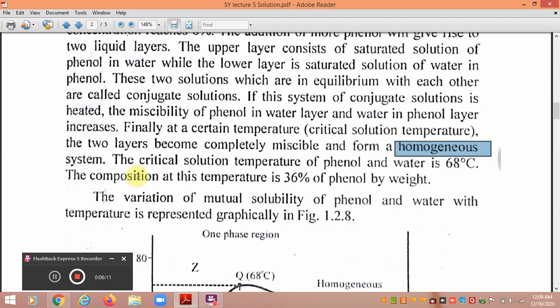This temperature is called the critical solution temperature, particularly the upper critical solution temperature. For the phenol-water system it is 60 degrees Celsius, which is greater than normal room temperature, and the percentage of phenol by weight is 36%.